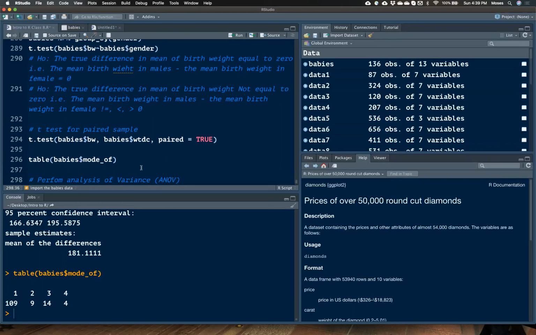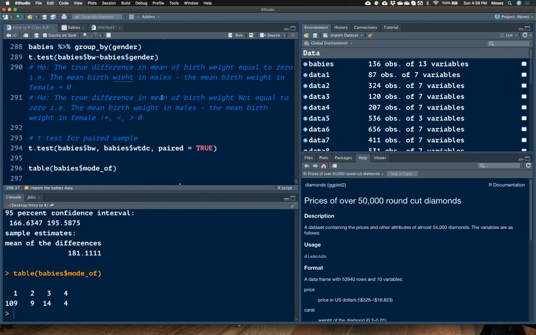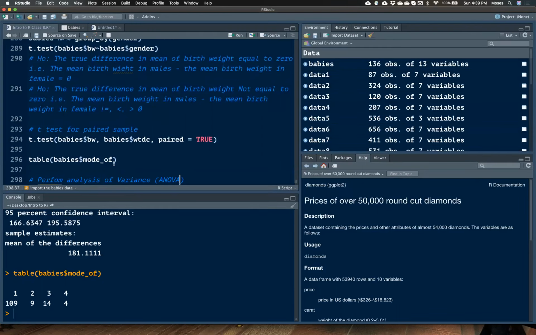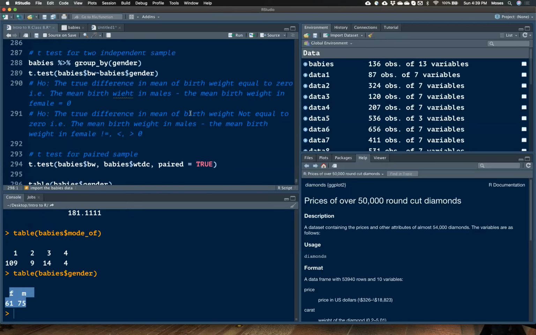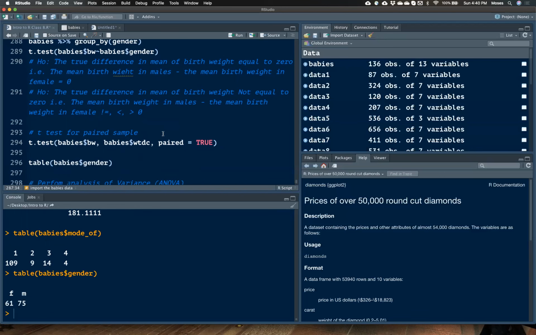ANOVA is more of an advanced t-test, because for gender here, we only had male and female. That's why here we did 2 independent sample t-tests. But how about if it's 3 or 4 or 5?